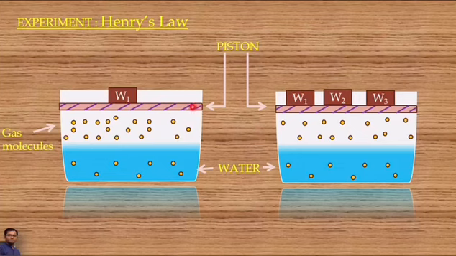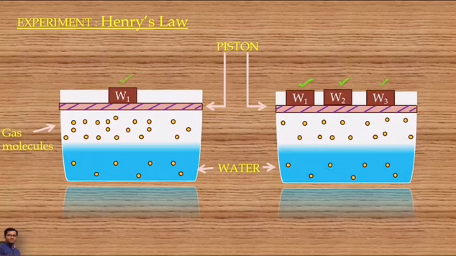On this there is a piston, and on this piston some weight is put to increase the pressure. Here the pressure is equal to W1, and here the pressure is exerted by three weights, W1, W2 and W3. So as we increase the pressure, the solubility of the gas increases.